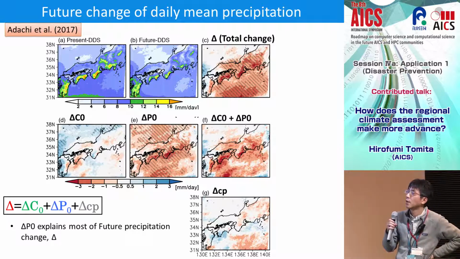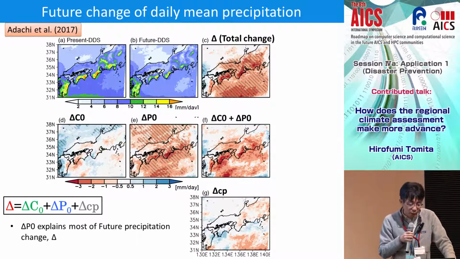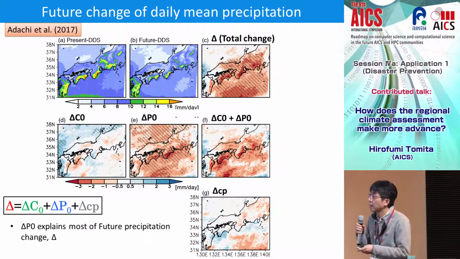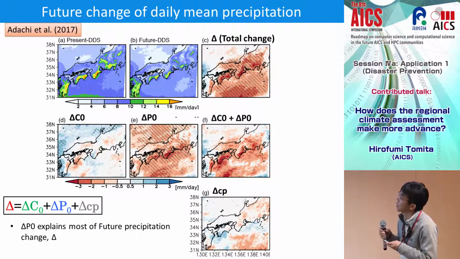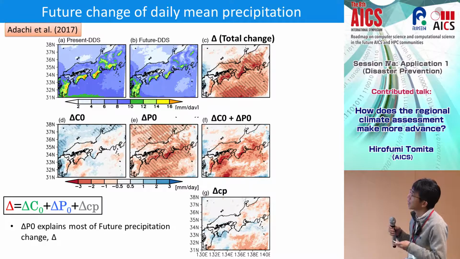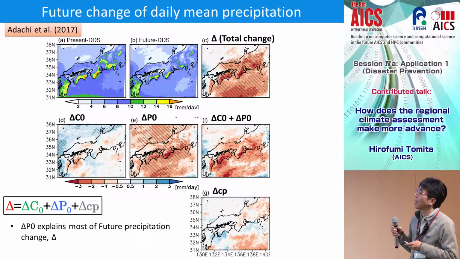Okay, this is the first result. This shows the map of future change of daily mean precipitation. And we can see this is the present DDS and this is the future DDS. The difference between them is the total change here. And also we can evaluate delta C, that means the result of changing just the climatology.